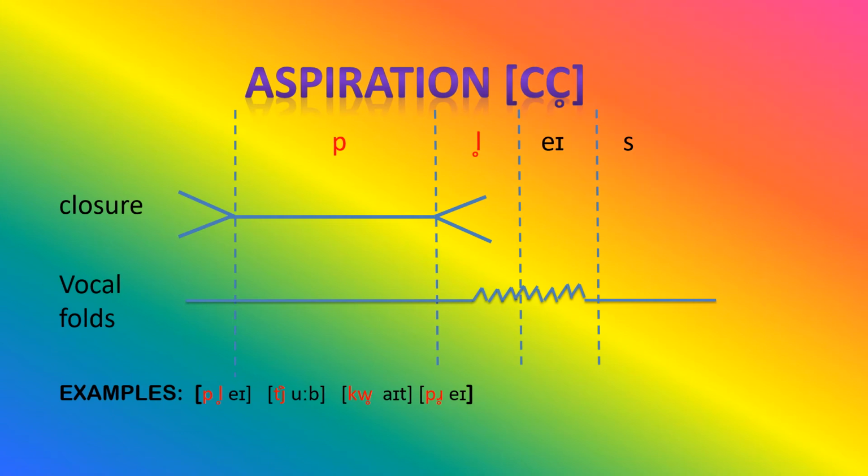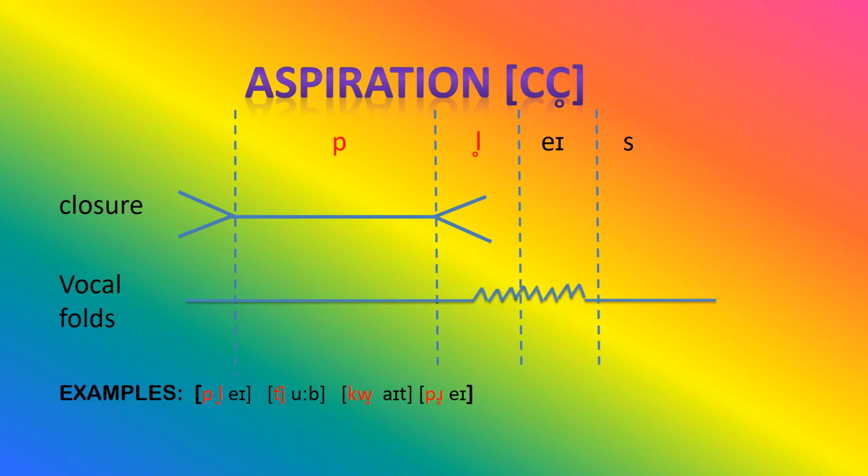Aspiration also affects the approximants that follow the voiceless plosives initial in stressed position, and this is what we call devoicing because of aspiration, because when the approximants follow voiceless plosives initial in stressed position in a syllable, they are devoiced.